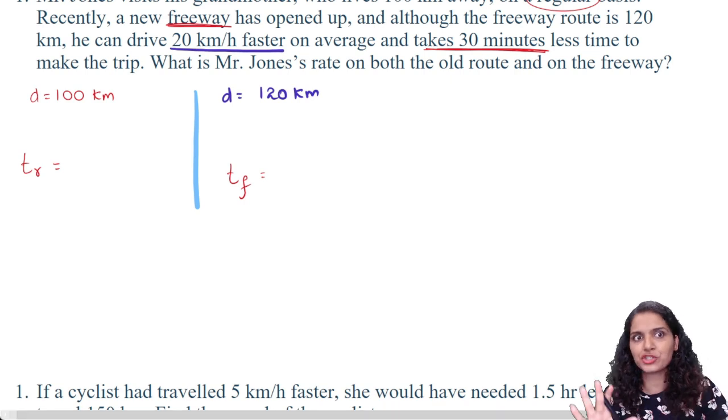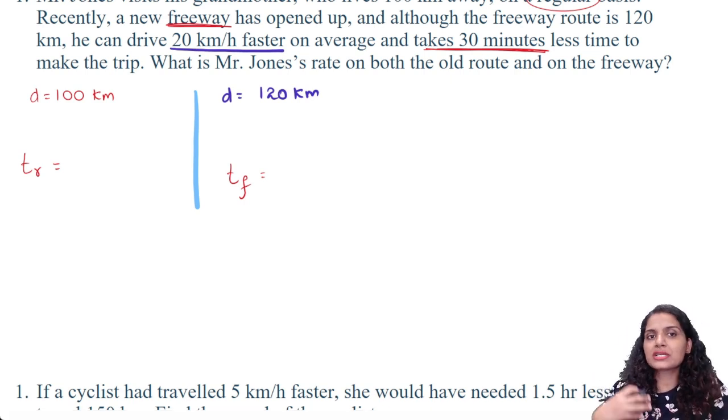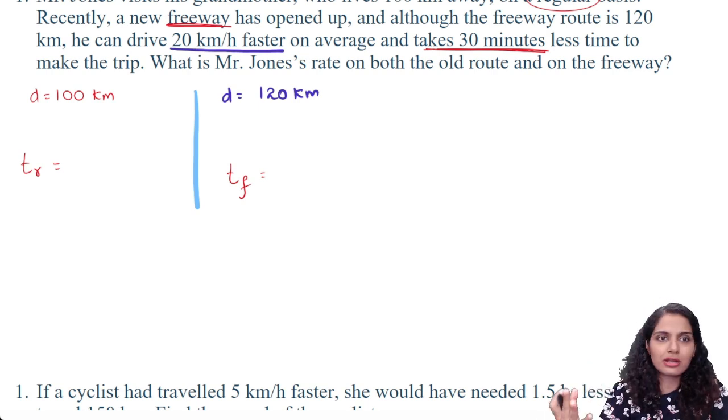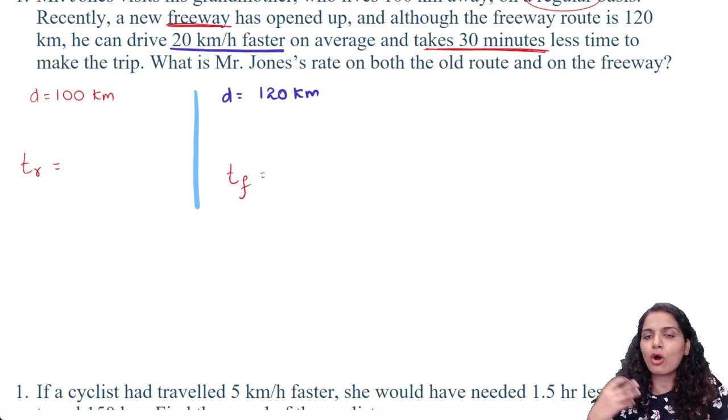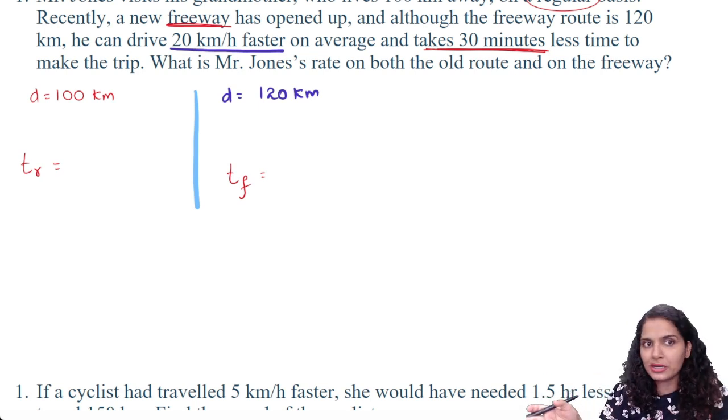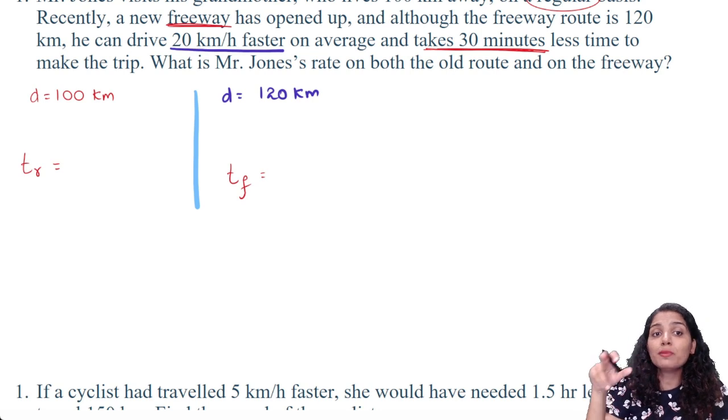So I will read the question again. Mr. John visits his grandmother who lives 100 kilometers away on a regular basis. Recently, a new freeway has opened up, and although the freeway route is 120 kilometers, he can drive 20 kilometers per hour faster on average.